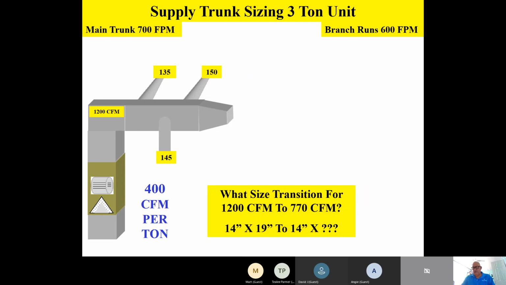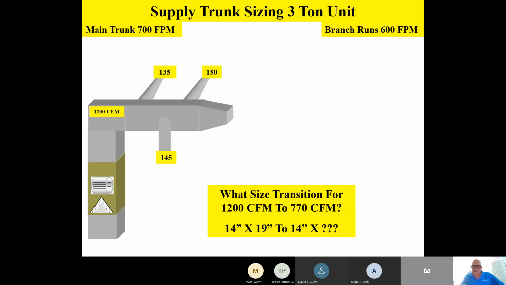Now, team, this is important that we understand why we put transitions in the main trunk. So we have 770 CFM left over after we took off those 3 takeoffs. And what's happened is we need to speed that air back up to 700 feet a minute velocity for our main trunk velocity.